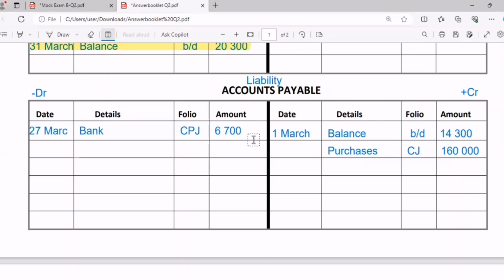So now the next step, we balance off the account. Now we know the procedure. When you balance off the account, you first check the bigger side between debit and credit. You determine the bigger side. Obviously, in this case, the bigger side will be the credit side.